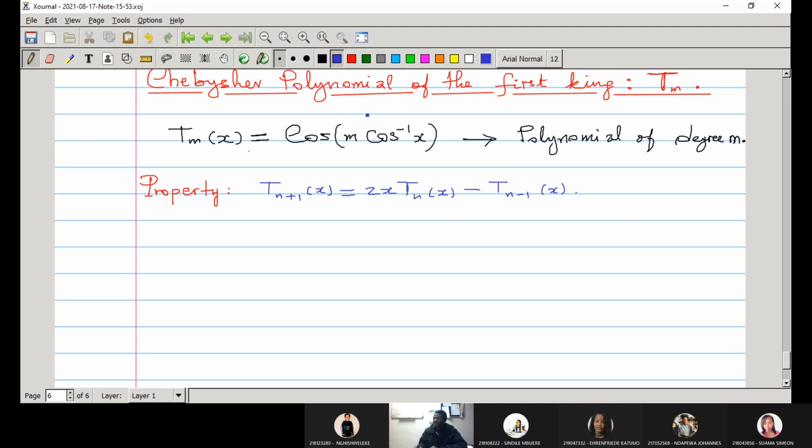So that's the property, and it comes from a trigonometric identity. So this results from the trigonometric identity. Okay, so this is our recursion formula. So it comes from this trigonometric identity.